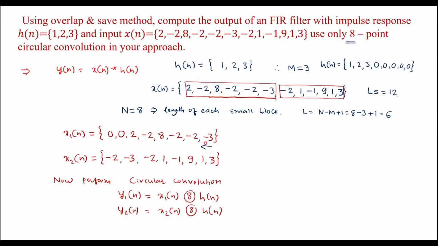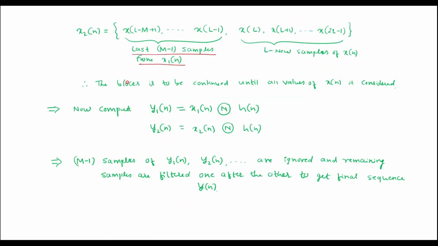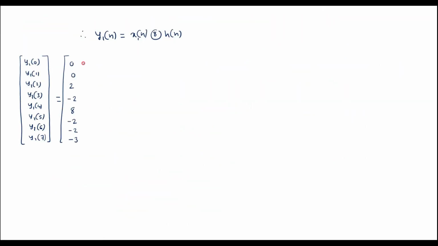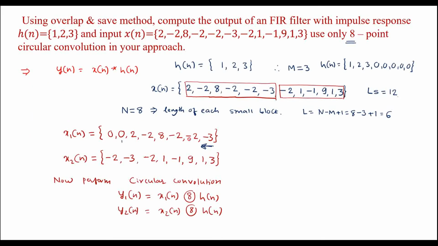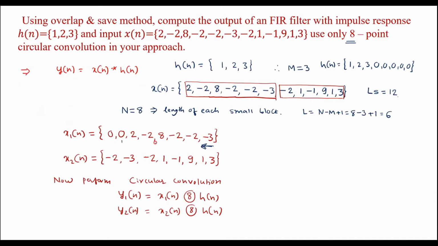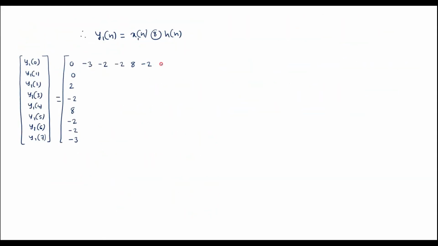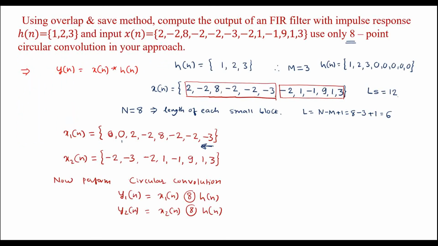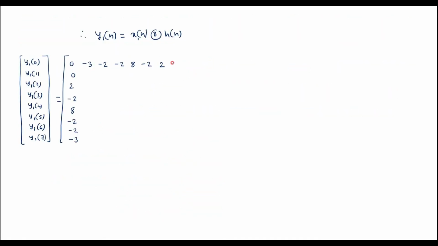Now horizontally write the same sequence in reverse order like this. That is minus 3, minus 2 up to this 0. Then we have minus 2, 8. Then minus 2, 2. Then we have 0. We have to stop here.